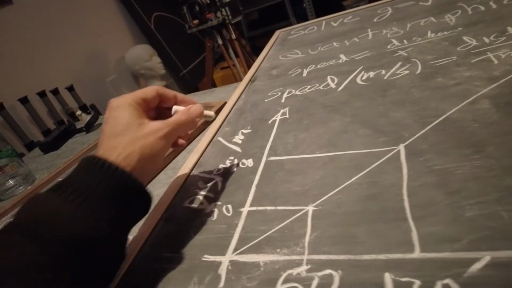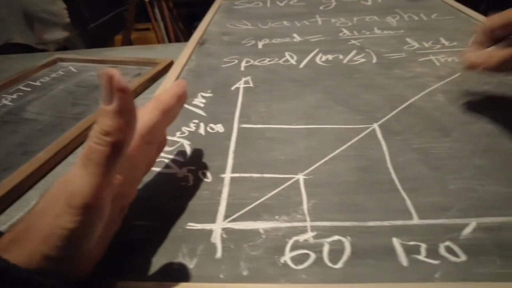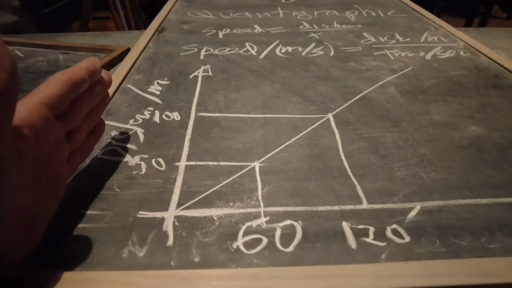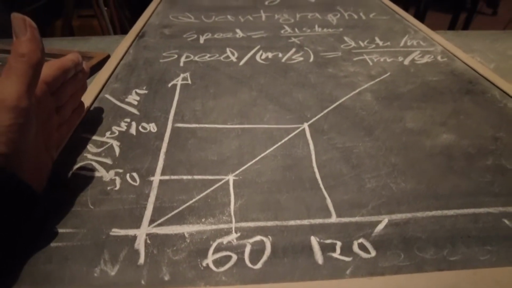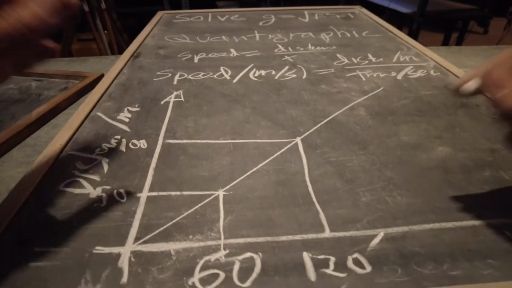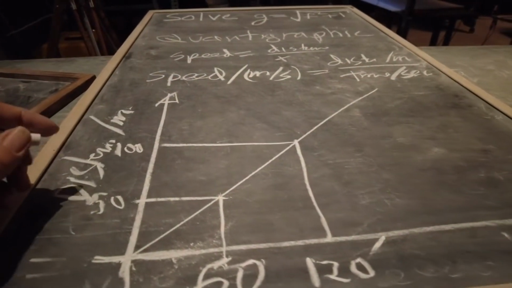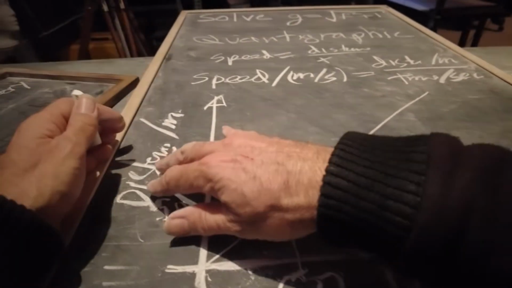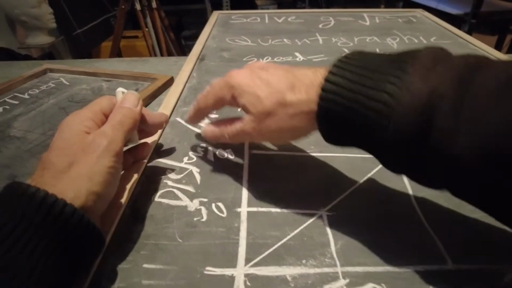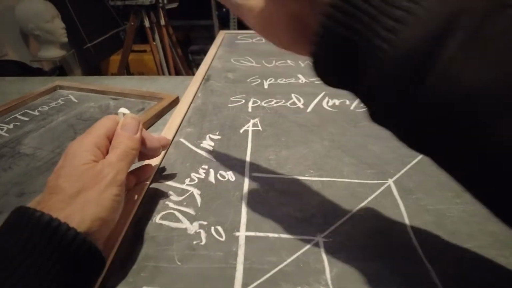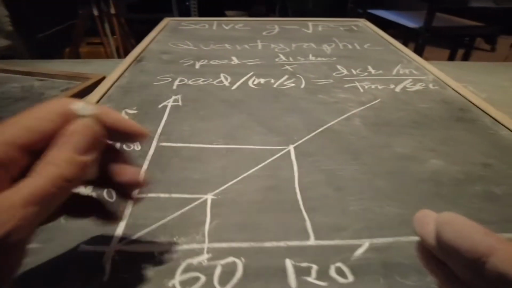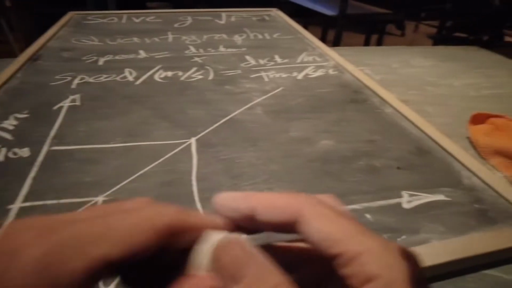And these are just labeled, and a graph is just the locus of points for which something is true. So that's simple graph theory. A table becomes a truth table, the table for which things are true. So I don't want to see distance in meters, or distance bracket meter, or distance dash meters. I want to see distance divided by meter, and I want to see time divided by second.